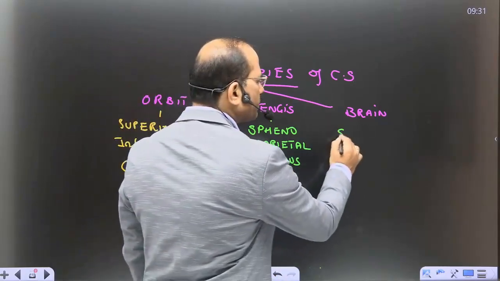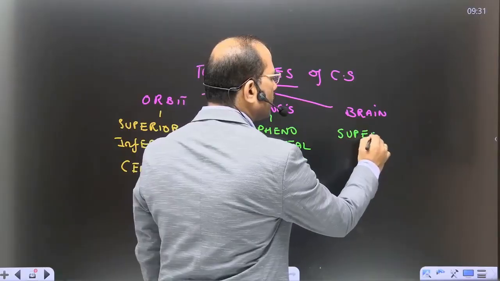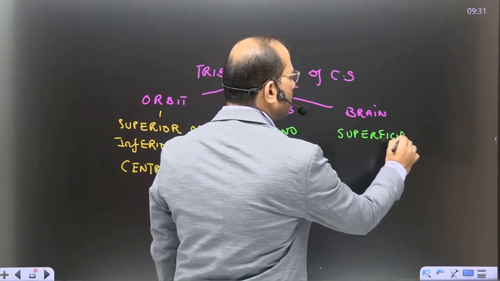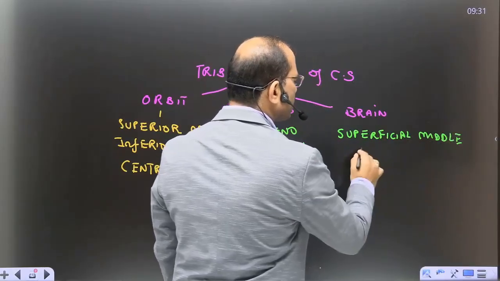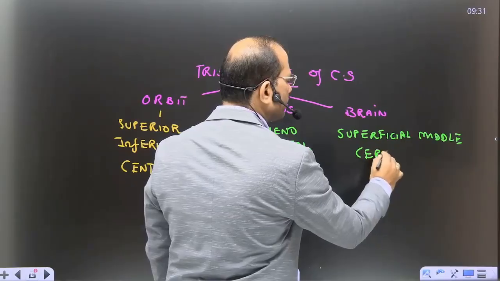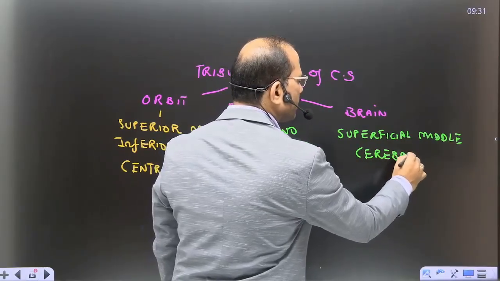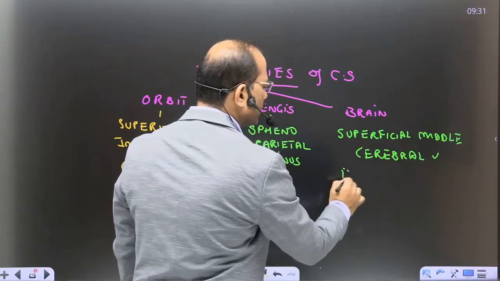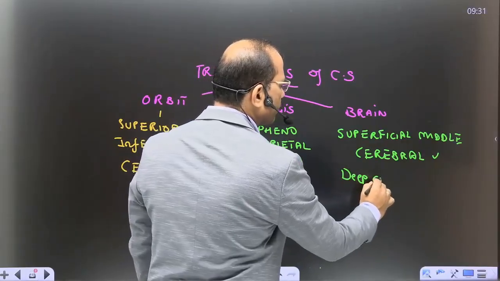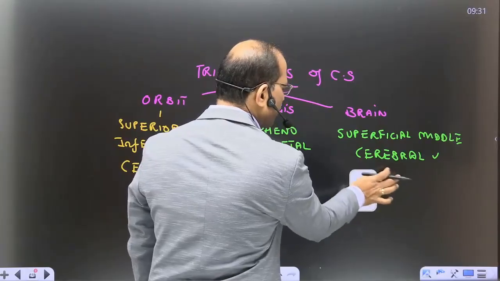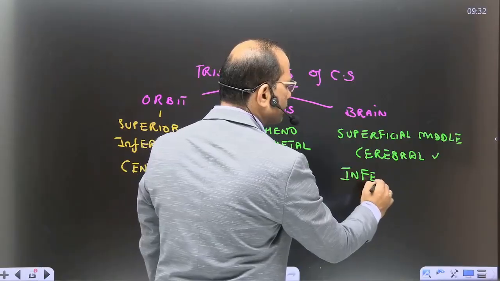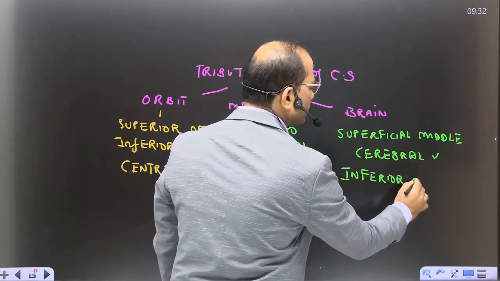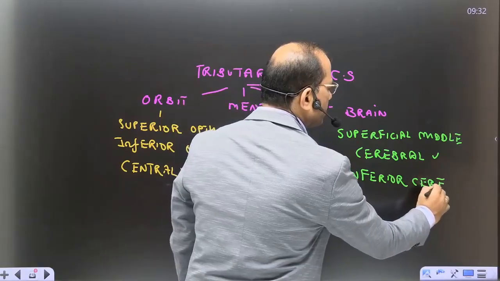One is the superficial middle cerebral vein, and the second one is the inferior cerebral vein. Just remember what I've told you, students.